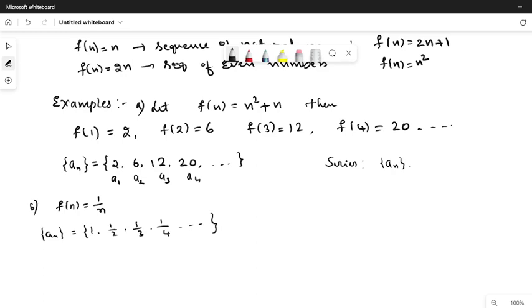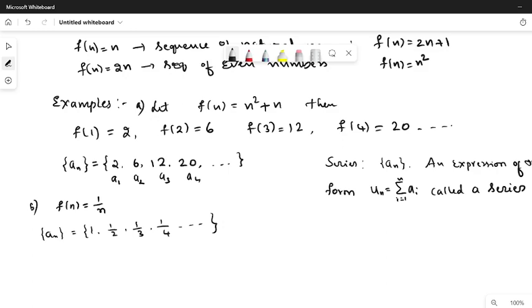Now I'll define an expression of the form, Un equal to summation of ai ranging from 1 to n is called a series. So this is mathematical definition of series. Let me see what this series actually is.